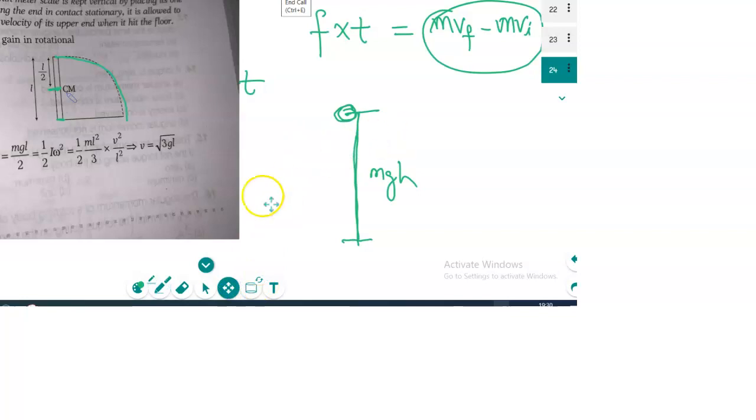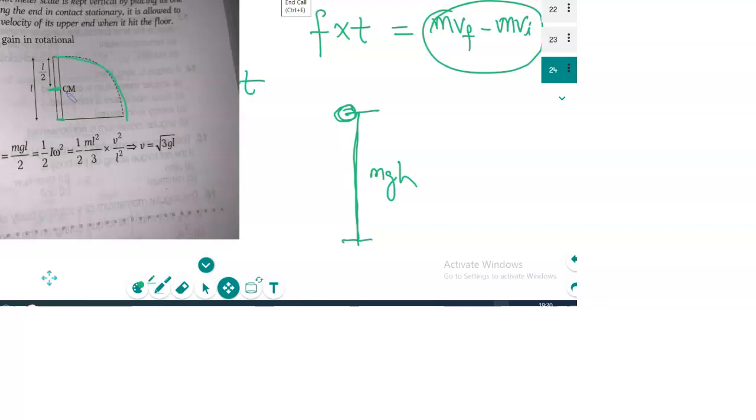Suppose I take a one meter scale. Is the whole mass lying at the top? No. Is it lying at the bottom? No. Where will the whole mass lie? In the middle.